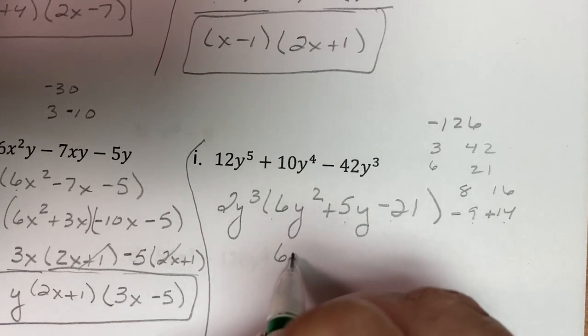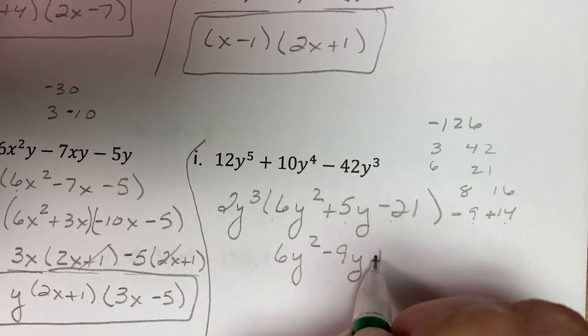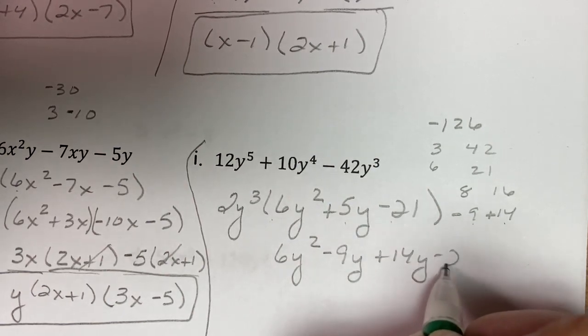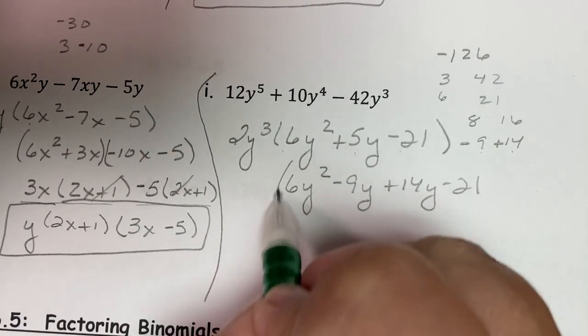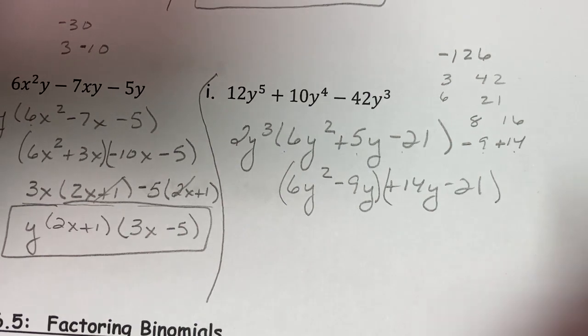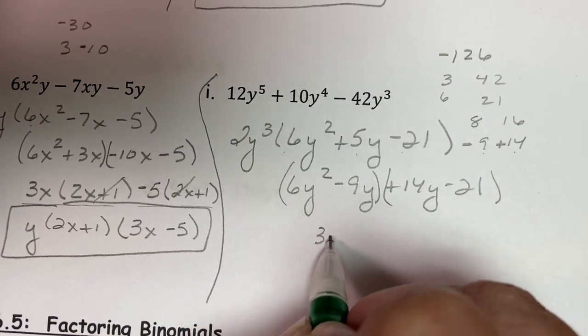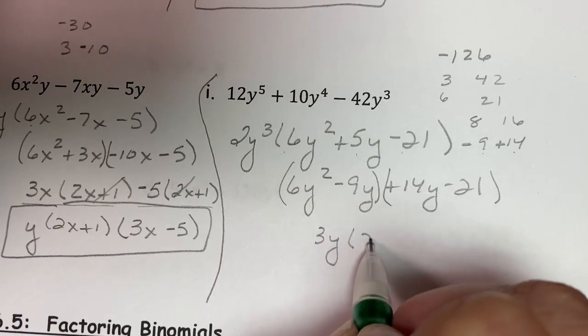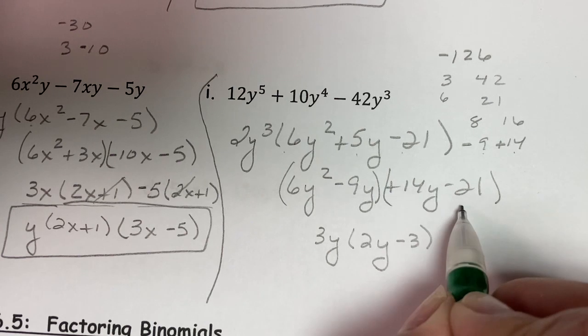All right, so let's rewrite this. 6y squared minus 9y plus 14y minus 21. You should be like a robot at this point. Group them 2 and 2. GCF out of this 2, so that's going to be 3y, which will leave me with 2y minus 3. What's going to come out of here?